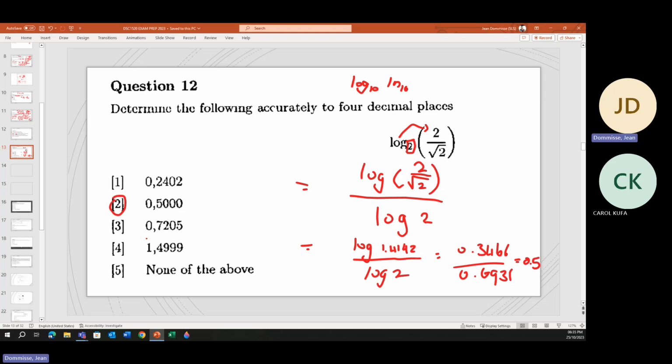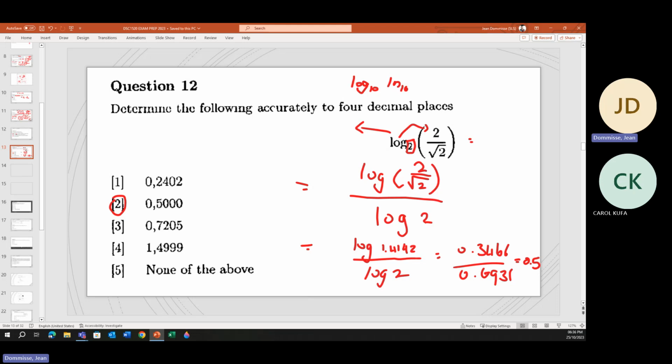I just wanted to show you the other way, because my HP can't calculate that, but your Casio might have that function built in. I know some of the newer calculators do. Then you can just work it out exactly as is, and you should get the same answer.